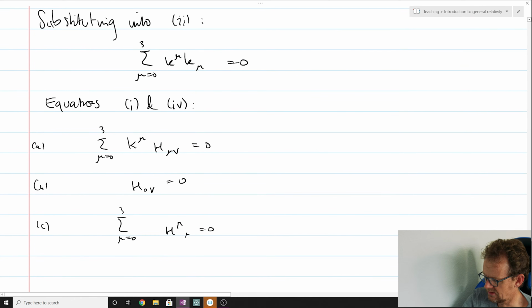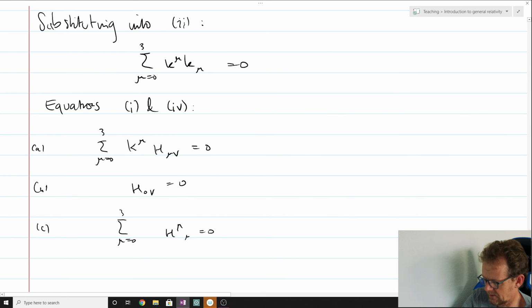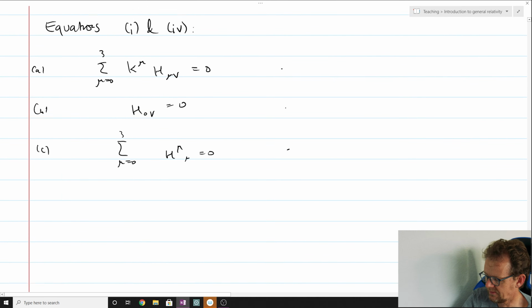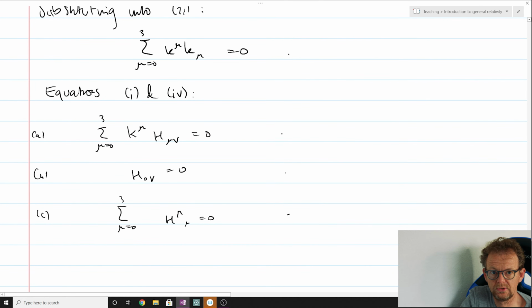Now we've got a whole bunch of equations here, right? We've got 1 plus 4, so that's 5 equations, plus 4 is 9, plus another one is 10 equations. So we have 10 equations that need to be solved in order for this wave-like solution to be a solution.